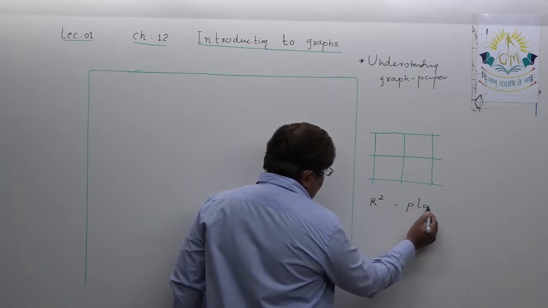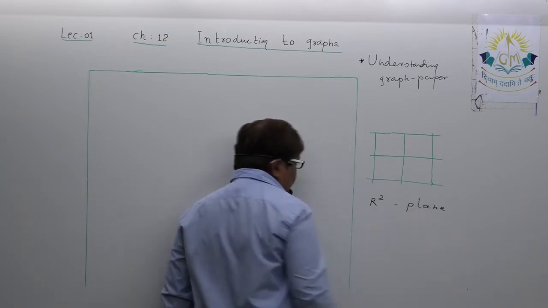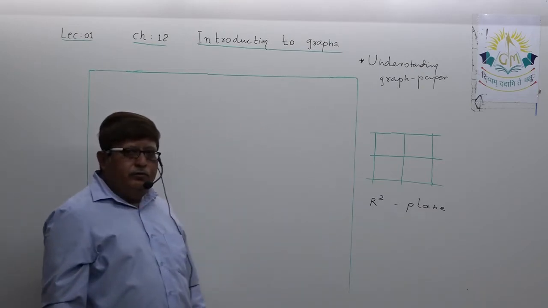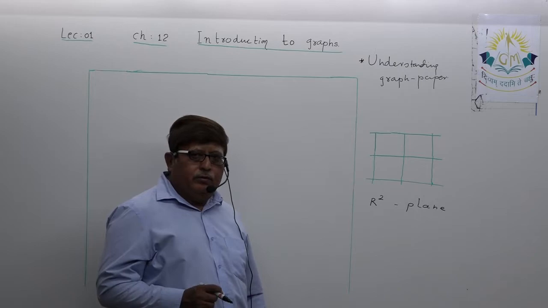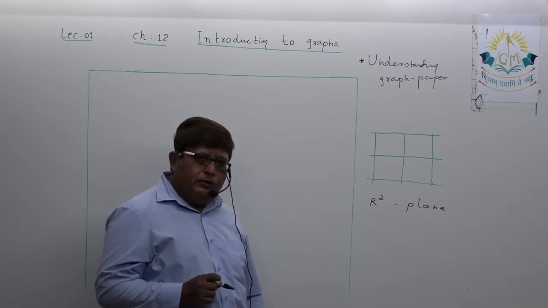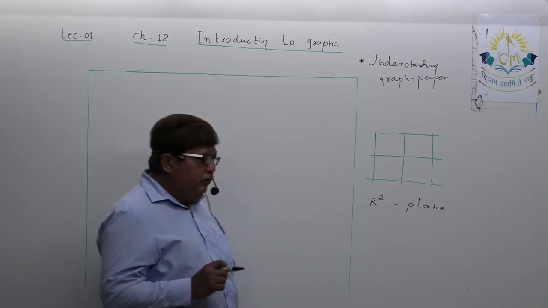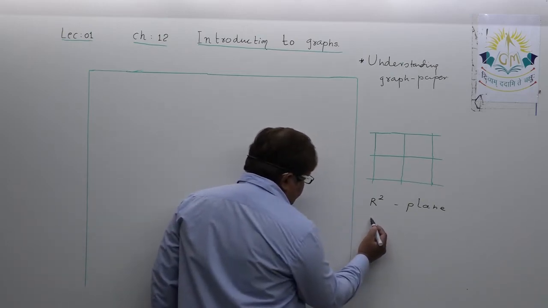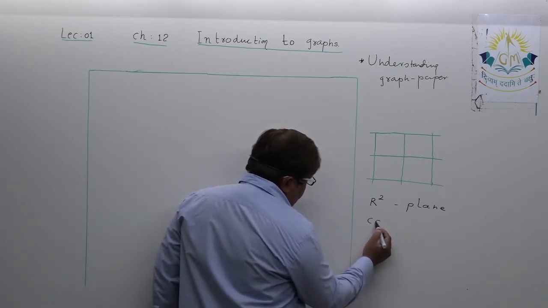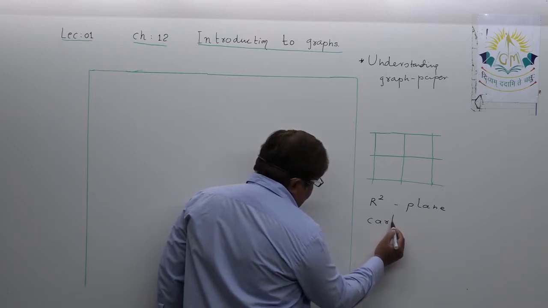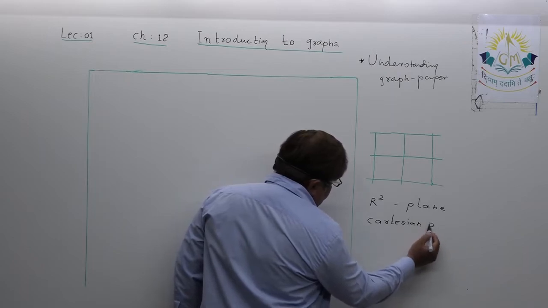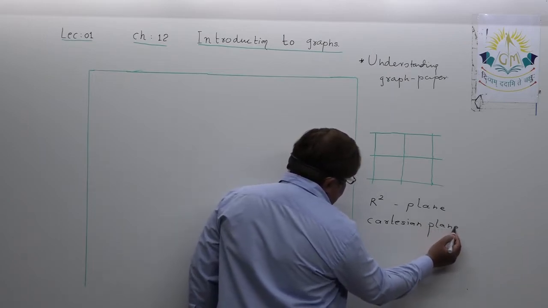Okay? The same graph paper on which you are going to work is also known by one other name, that is called Cartesian plane. Okay, that's another name used for this.